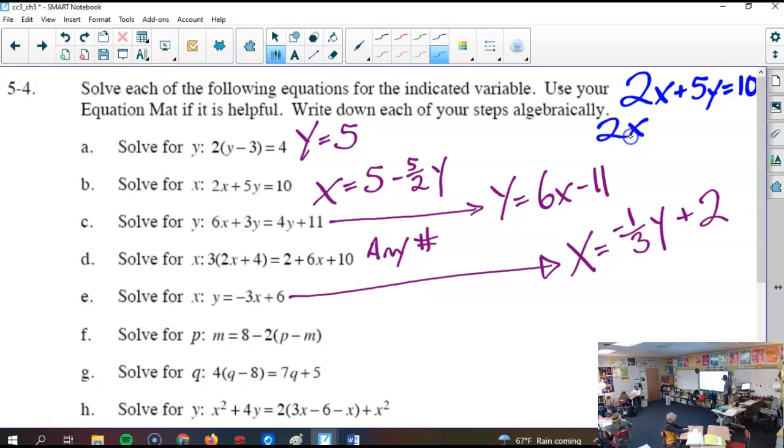What that becomes is 2x equals 10 minus 5y. We then, to get rid of that 2, divide every piece of this equation by 2. 10 divided by 2 becomes 5. But the -5y divided by 2, you could either write as -2.5y, or you could leave it in fraction form, -5/2y. If you're not fun.